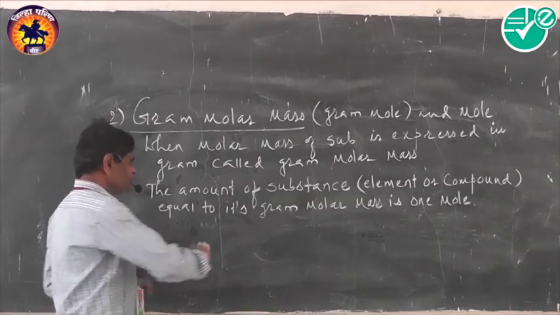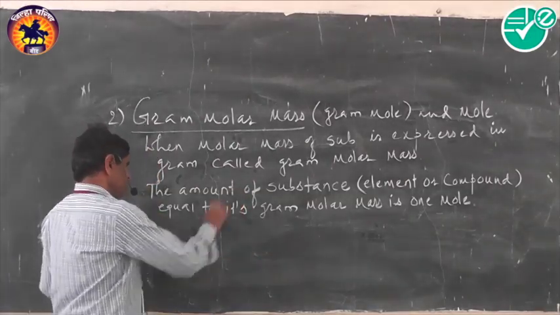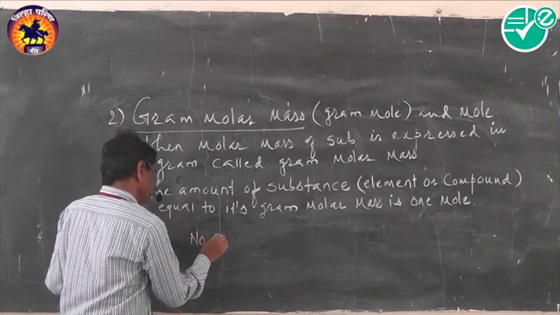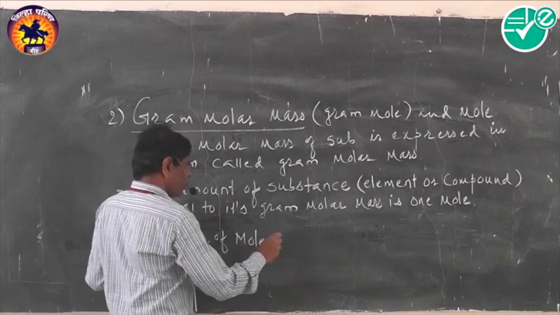And so from this concept you can derive the second relationship for the number of moles of a substance.